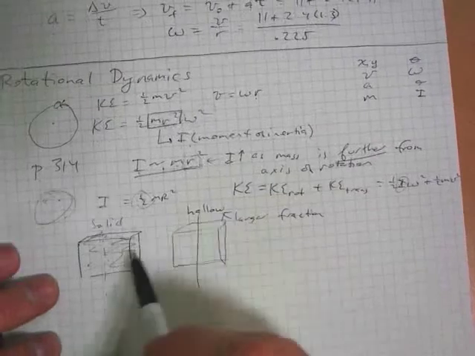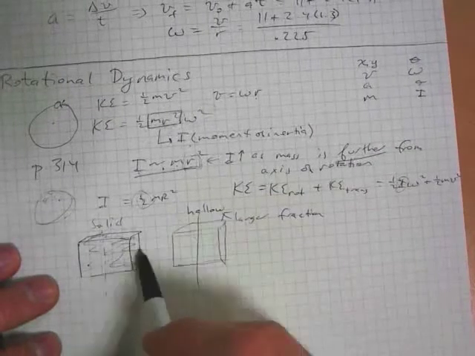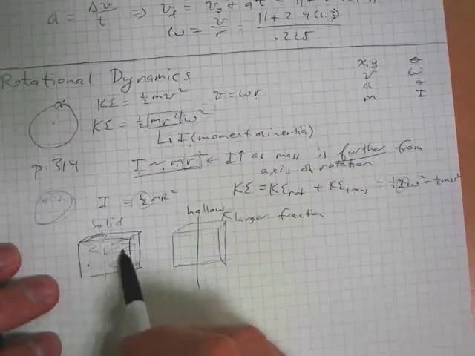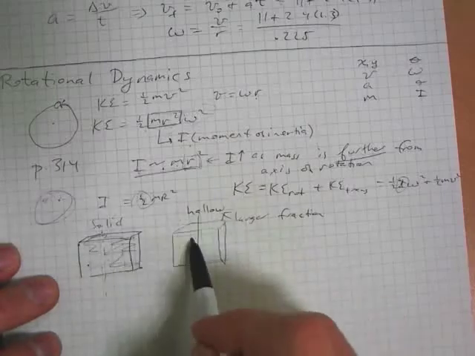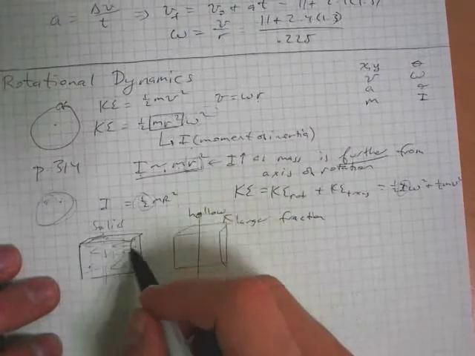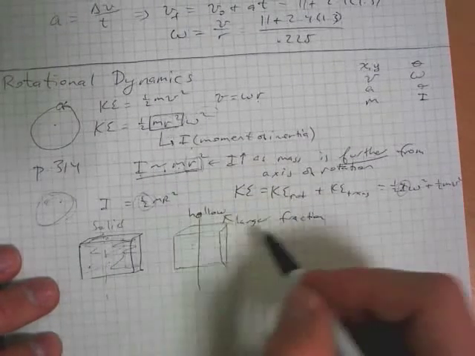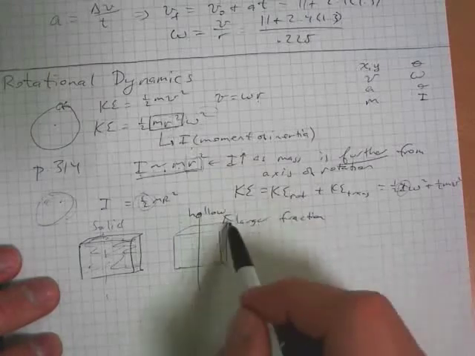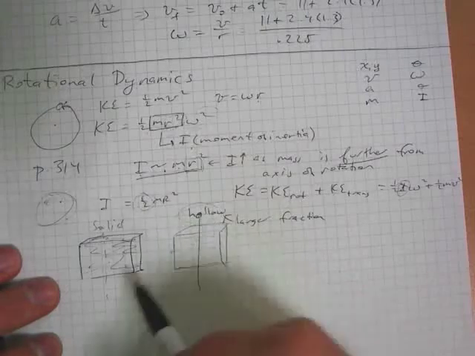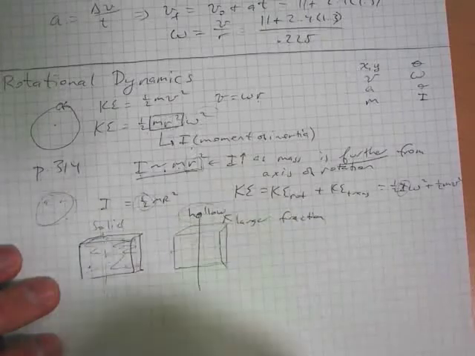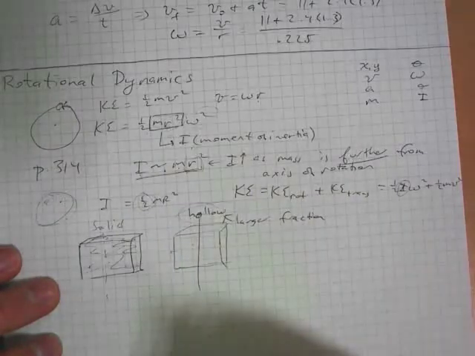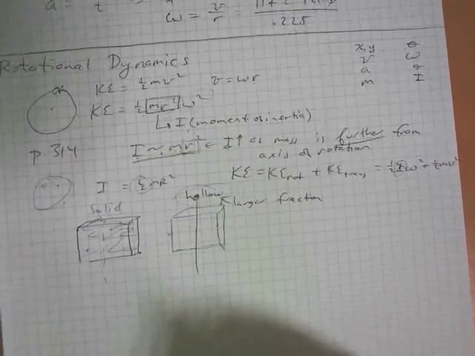If they're made of the same stuff, the solid one is going to wind up having a greater moment of inertia just because it has greater mass. But if a hollow and solid thing of the same size also have the same mass, which I guess would mean the hollow one would have to be made out of something denser, the hollow one's going to have a higher moment of inertia because that mass is further from the axis of rotation. So you need to keep those sorts of things in mind for conceptual type questions.